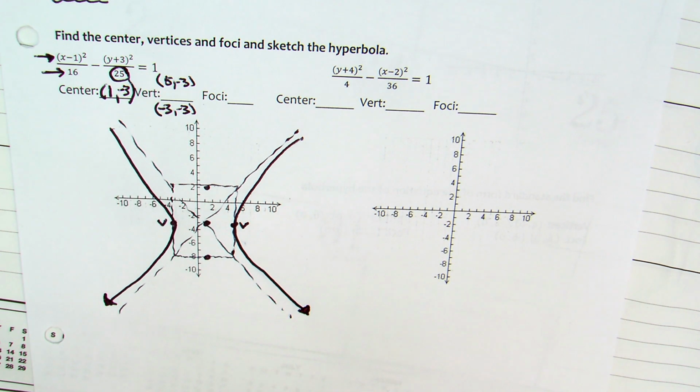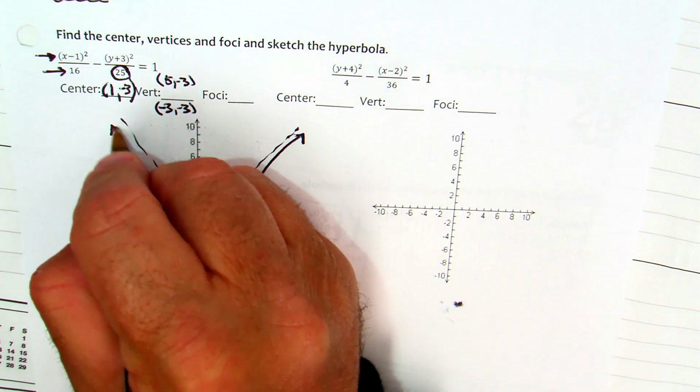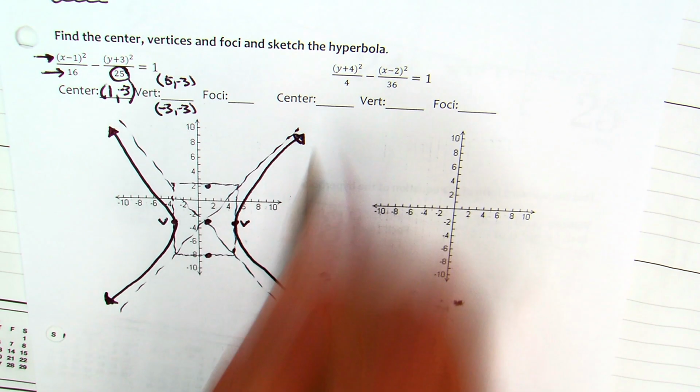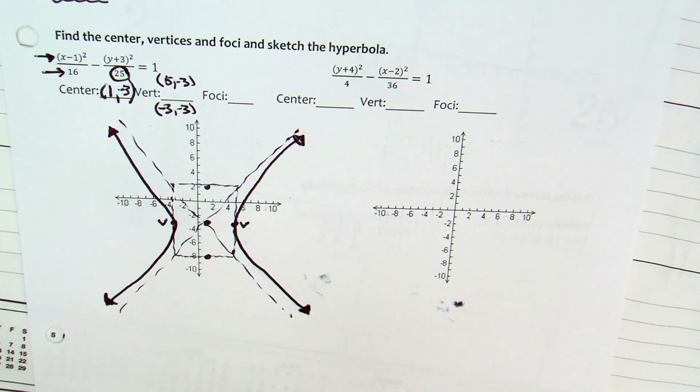Alright? All good? Yes, sir. What do you mean by the direction of the arrow? Yeah, it goes on forever in both directions. Everybody else good?